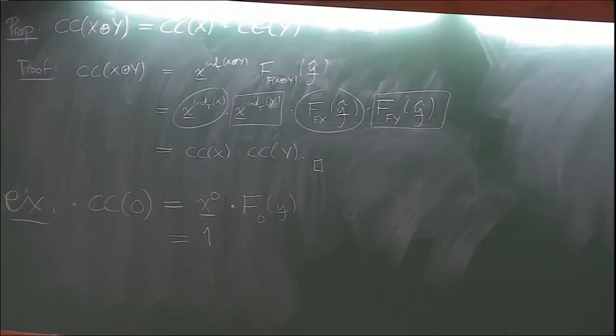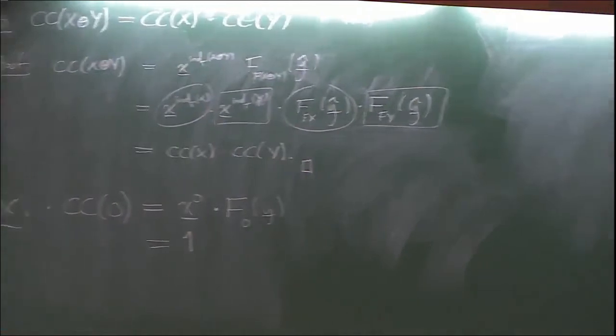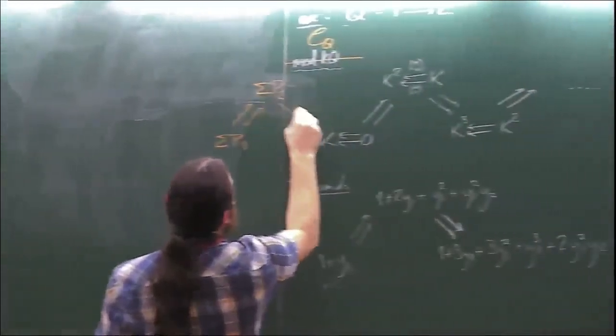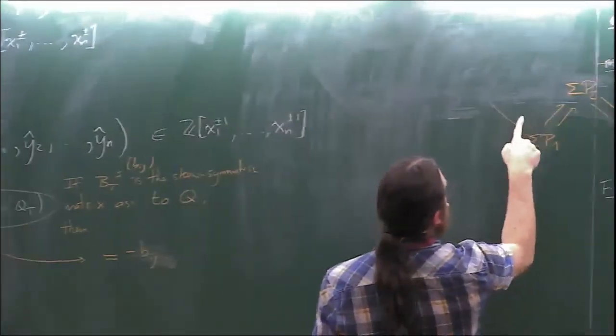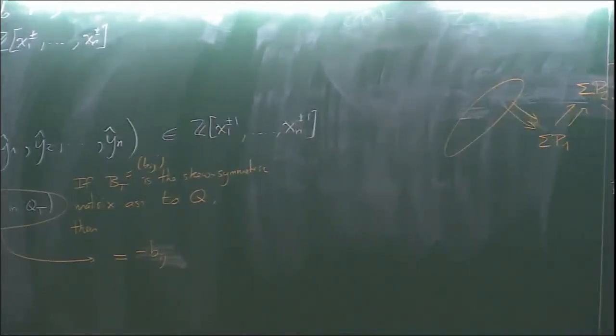So in this case, the cluster category will look like this, with 2 additional objects, and they are the suspensions of the two projective modules, and they happen to be on the left. And then, of course, this continues, but whatever happens here is precisely what happens here.